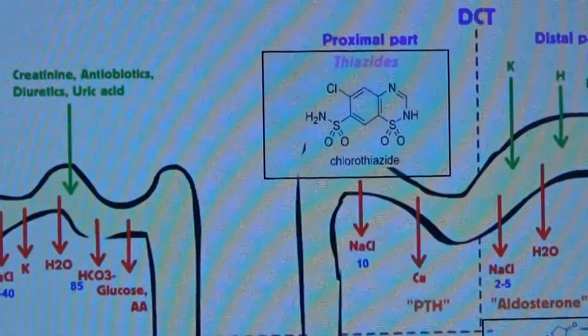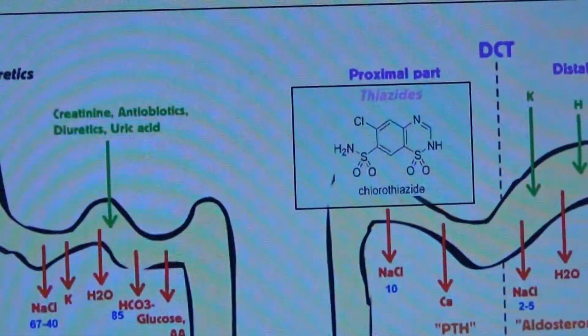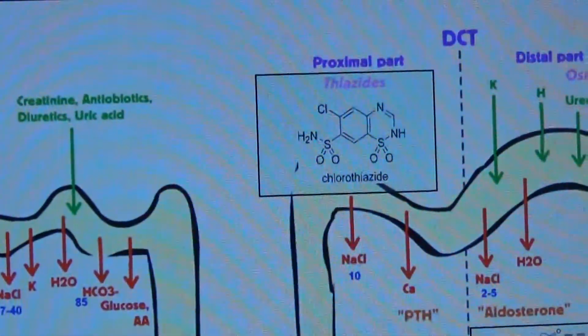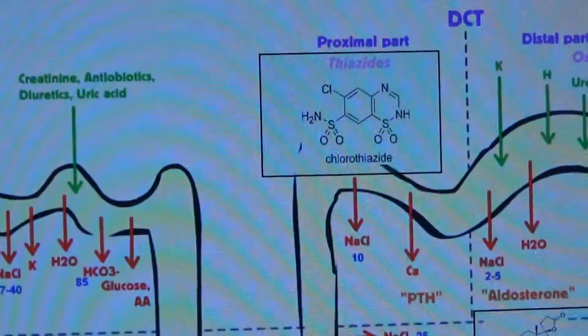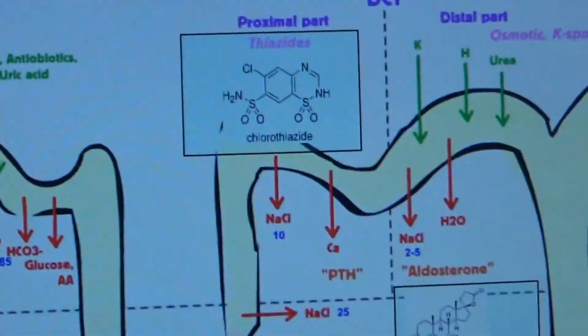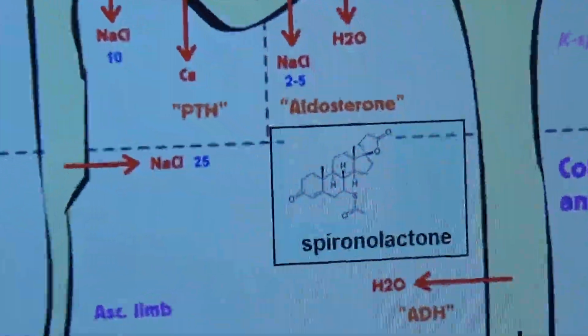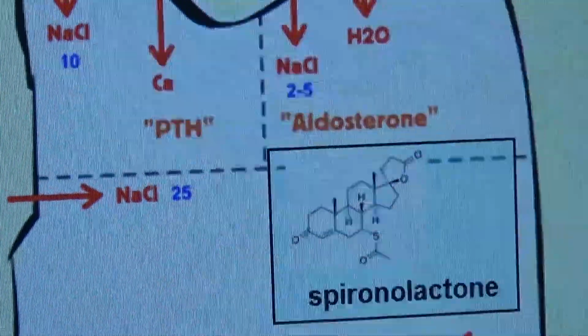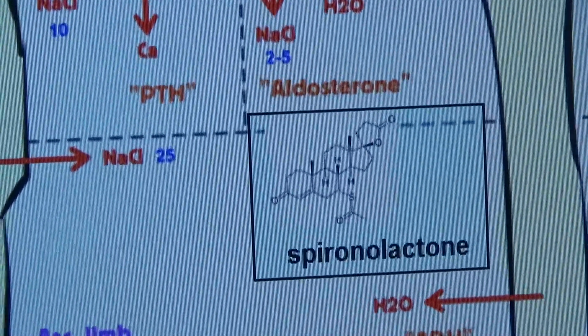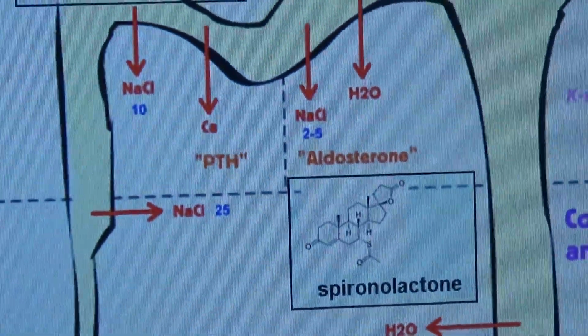There's the proximal part, and thiazides operate in this region of the nephron, thiazide diuretics. And then our molecule of interest, spironolactone, operates on the aldosterone receptor, and we'll show how that works.